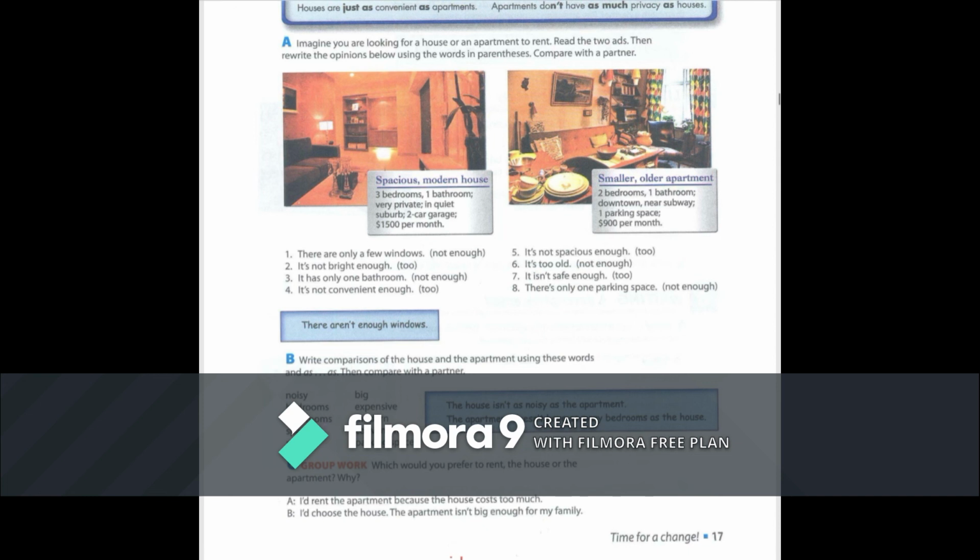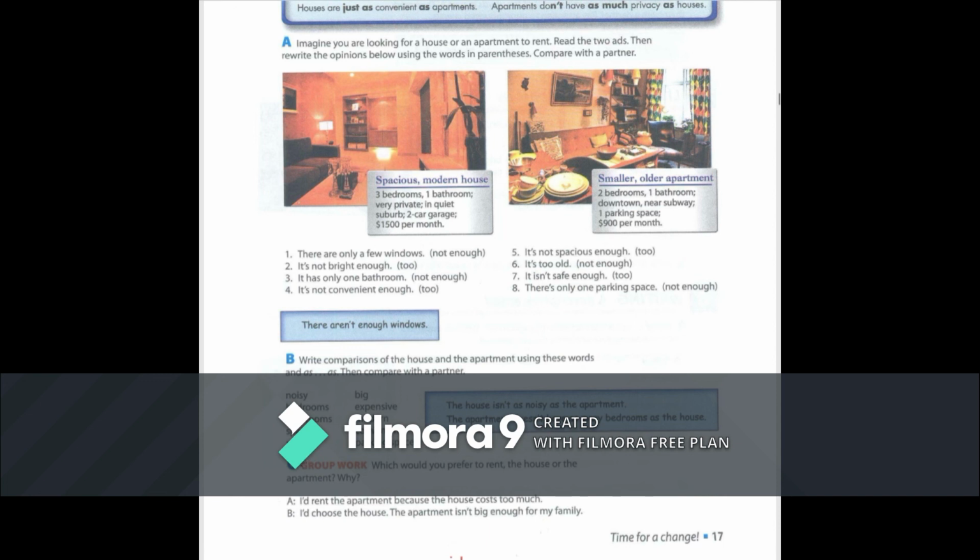Okay, the word spacious here. Spacious is an adjective, right? So how am I going to use it here? I'm going to say the apartment isn't as spacious as the house. Obviously the apartment is not as spacious as the house.